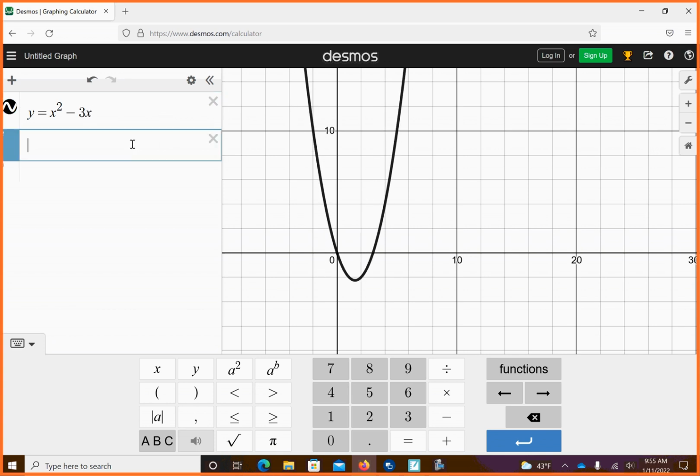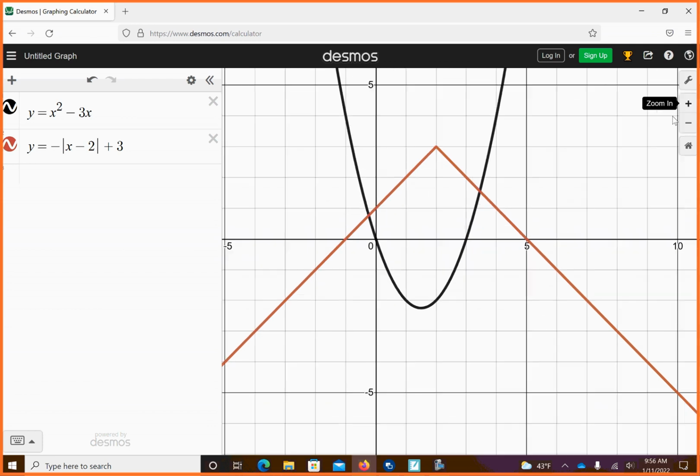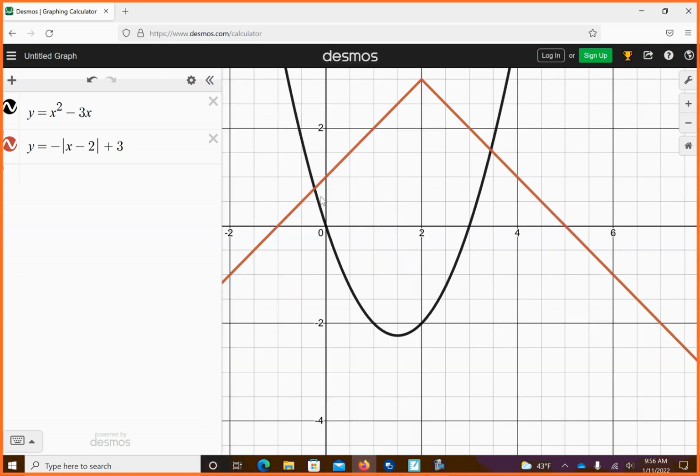Okay, so it gives me a parabola. My other side, I have y equals the negative absolute value of x minus 2 plus 3. Okay, so let's move this down. Let's move this over. Let's zoom in at those main characteristics.